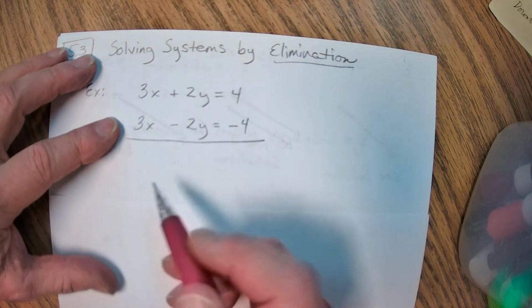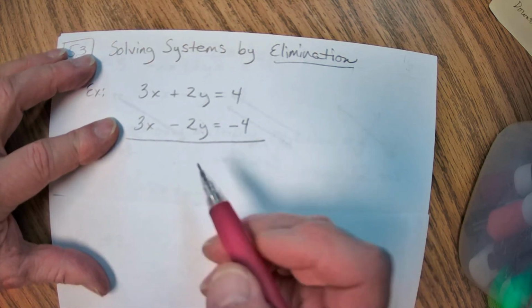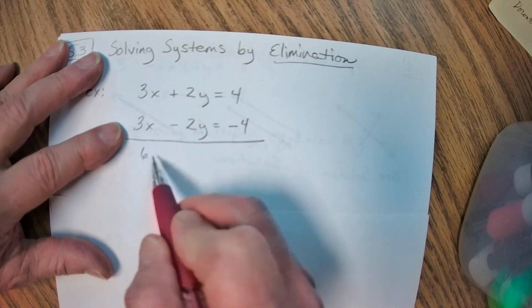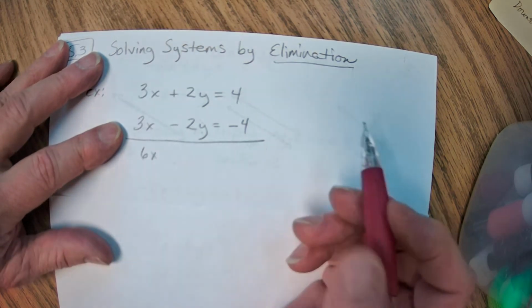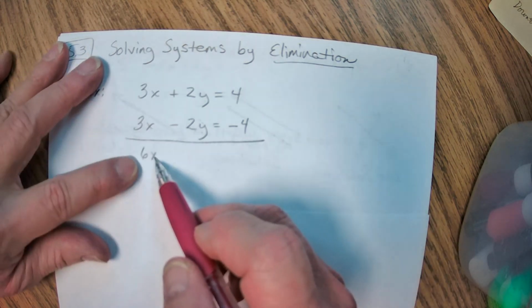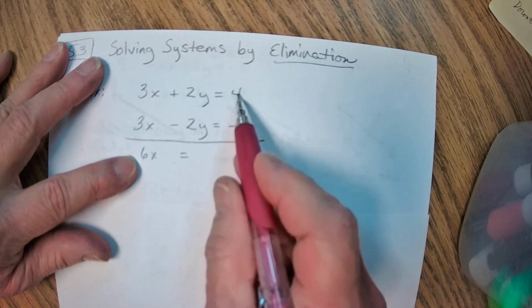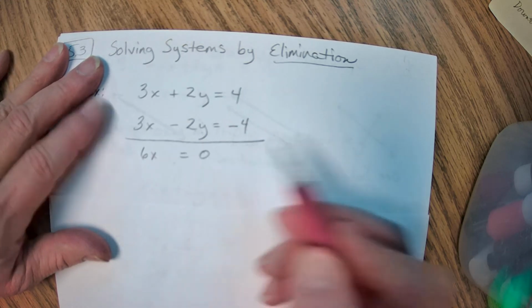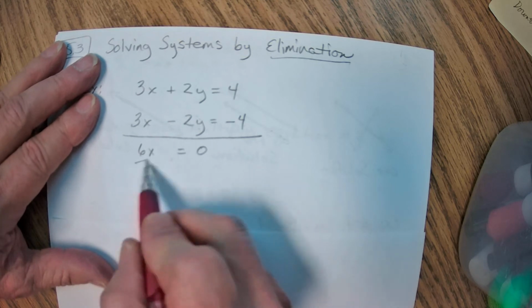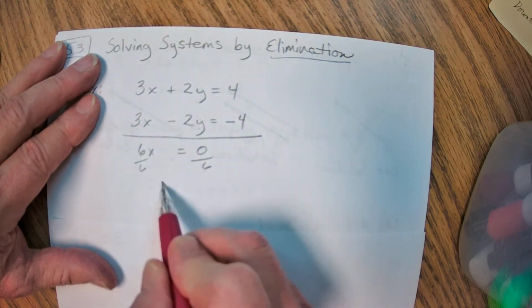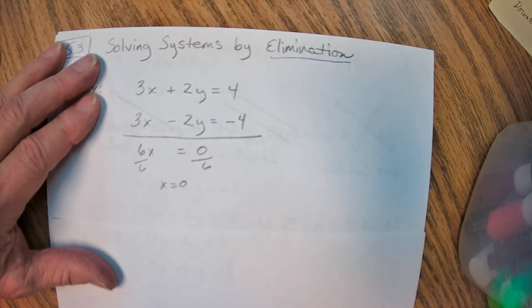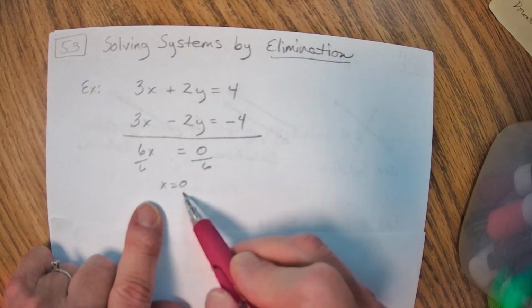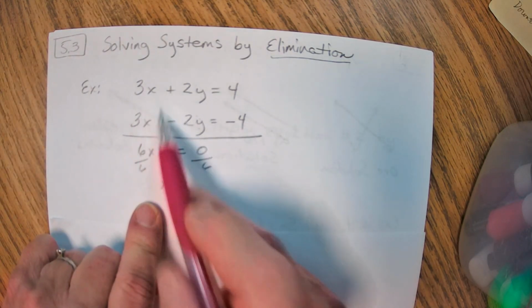By the way, this is my favorite method of solving systems of equations because it's pretty straightforward and easy. So I have 6x equals 4 plus negative 4 is 0. If I divide both sides by 6, I get x equals 0. And then I'm just going to take this x value and plug it into either one of these.